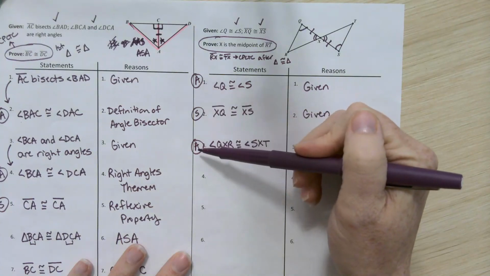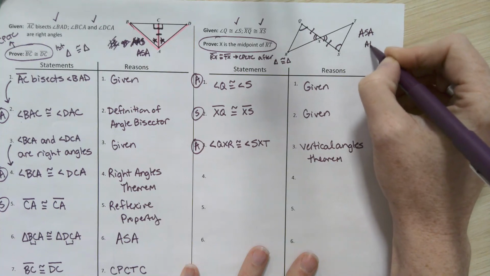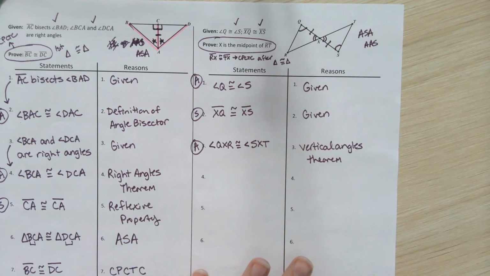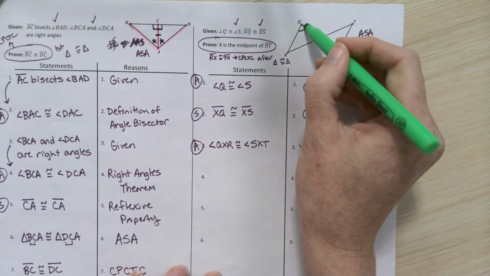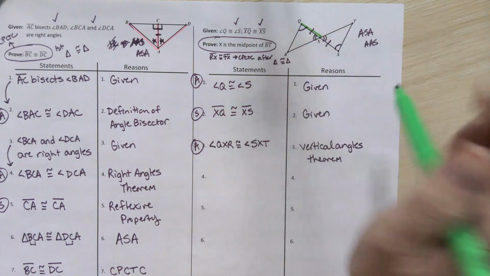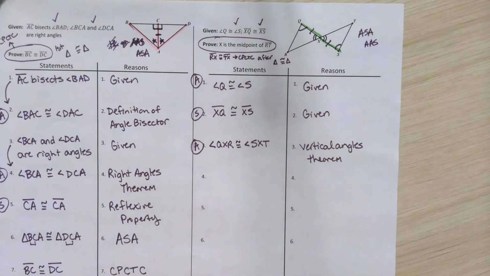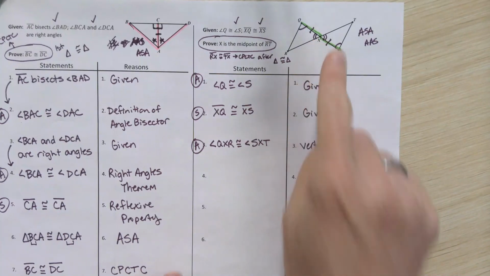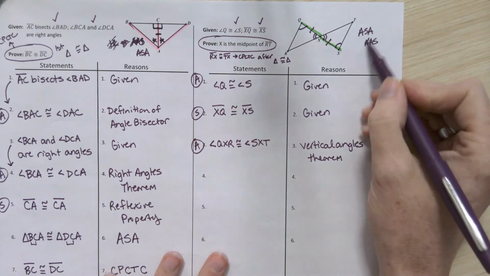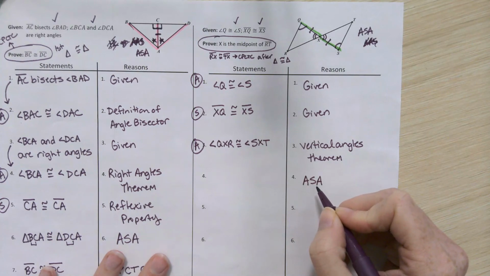Even though in my proof it looks like angle side angle, I know that I have to go back to the picture to make a decision about angle side angle versus angle angle side. So here's the side. Looks like it's connected to both angles in that triangle. Here's the side over here. Same thing, connected to both angles in that triangle. So this is going to be an angle side angle proof.